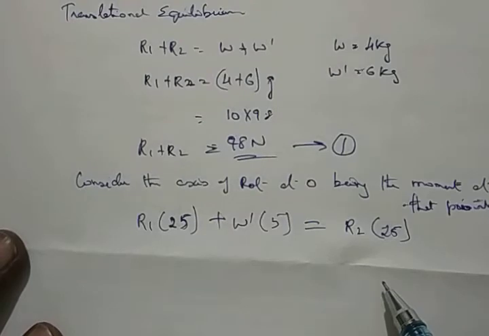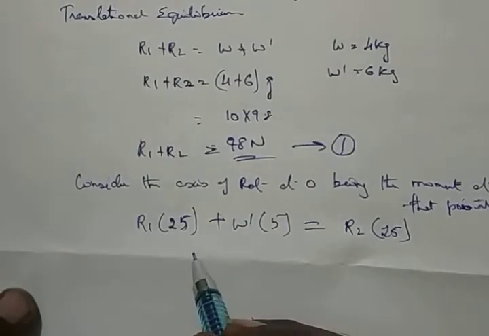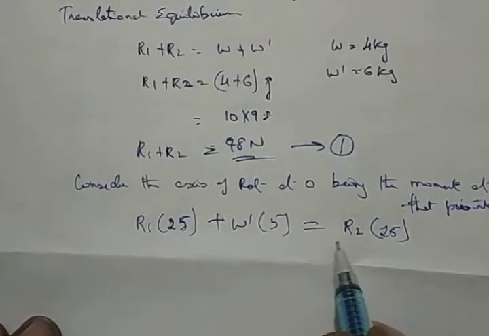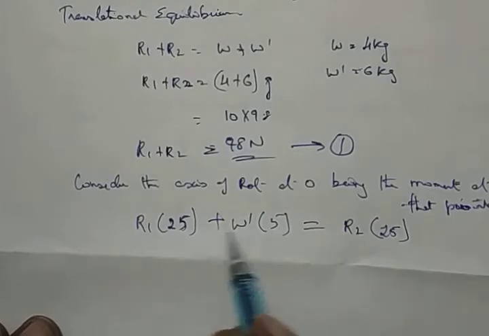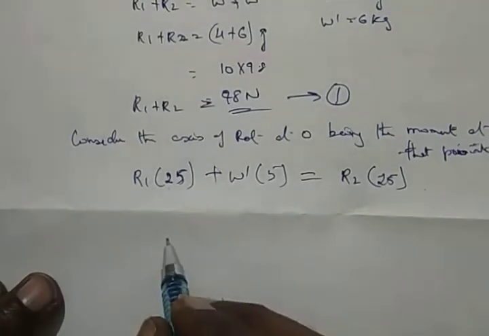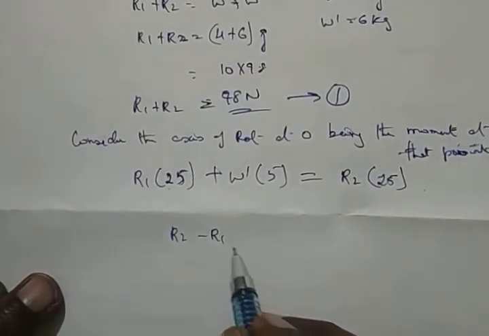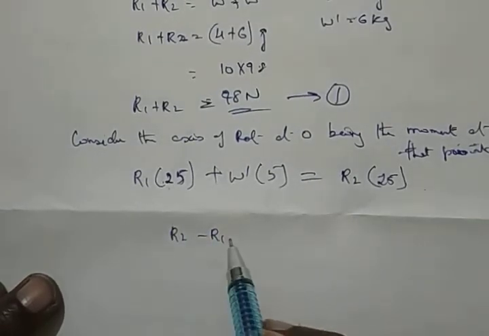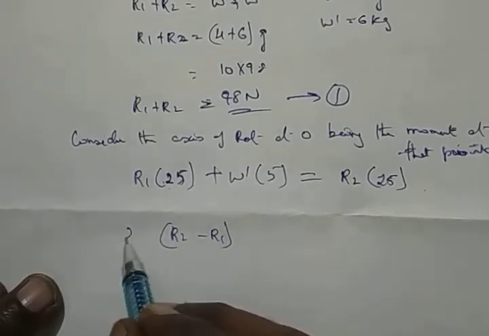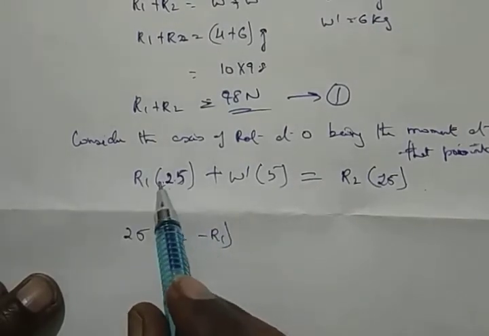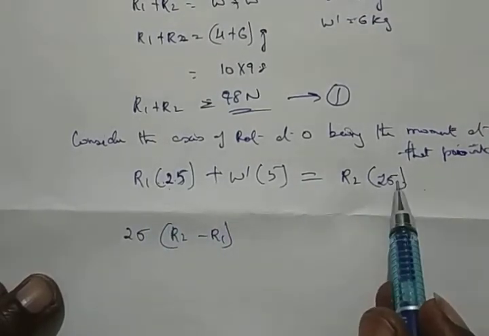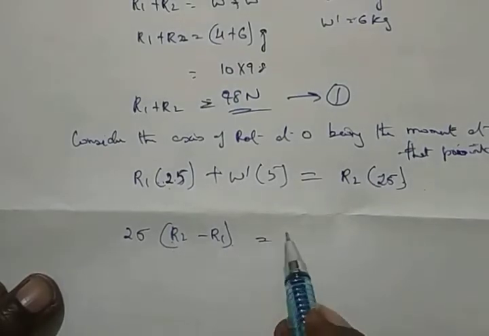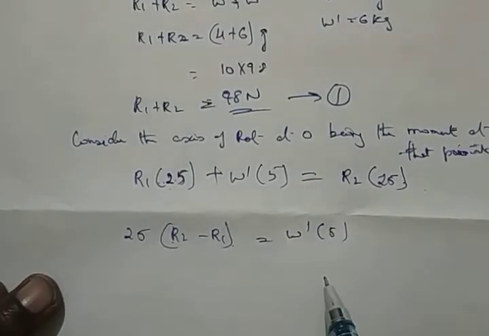So moving further down, what you can do is keep R2 here and R1 that side. So R2 minus R1. Take this one next side. Alright. So 25 you can take it common outside. So when you take 25 common outside, R2 minus R1 is going to be equal to W dash into 5.